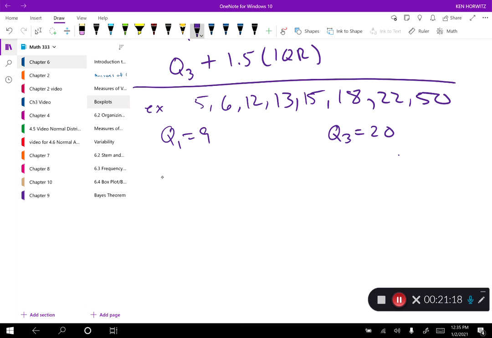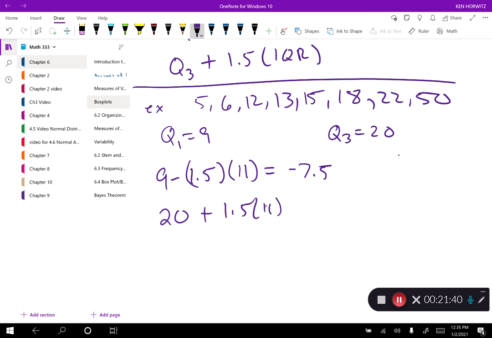So if I do 9 minus 1.5 times the IQR, which 20 minus 9 is 11, I get negative 7.5. You can check my work, but I think I'm pretty good with that. And I say 20 plus 1.5 times 11, I get 36.5.